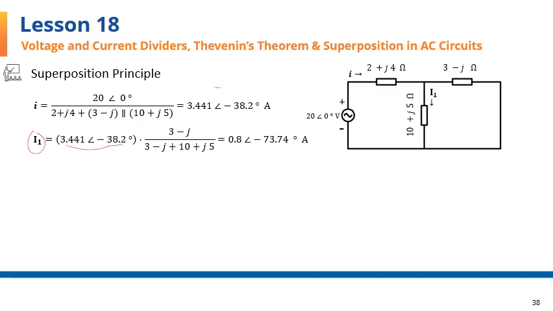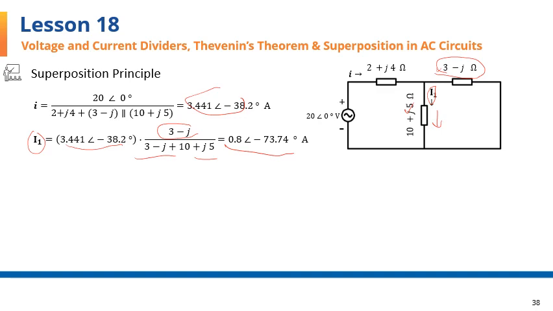The current that was just found, I, times, because we need the current in this branch, we put the other impedance in the numerator, 3 minus j, over the sum of the two impedances, this one and this one, comes to this value for I1.